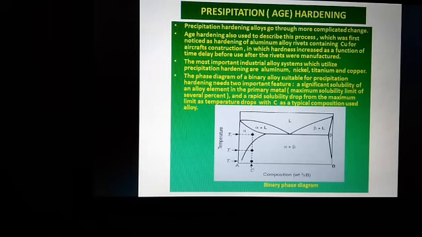The phase diagram of binary alloys suitable for precipitation hardening has two important features: a significant solubility of an alloy element in the primary metal, with a maximum solubility limit of several percent, and a rapid solubility drop from the maximum limit as temperature drops, with carbon as a typical composition used in alloys.